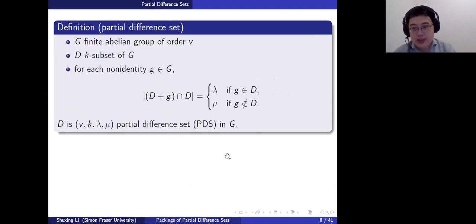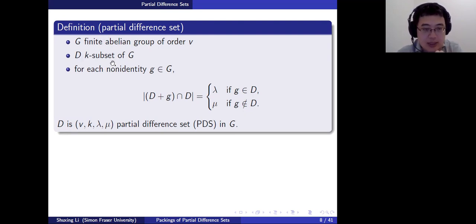Up to this point, let me formally define our central object, partial difference set. We take G as a finite abelian group of order V. So in this talk, when we mention group, we always mean finite abelian group.